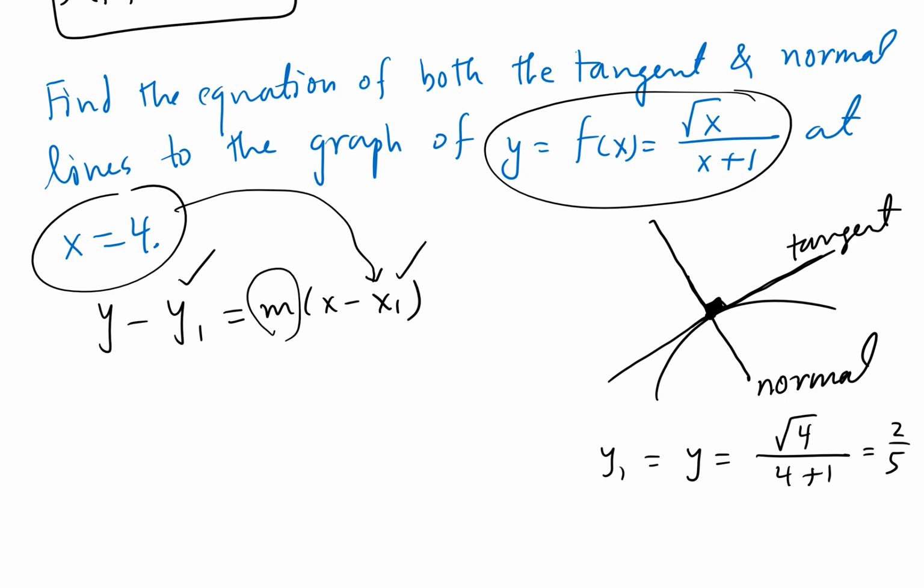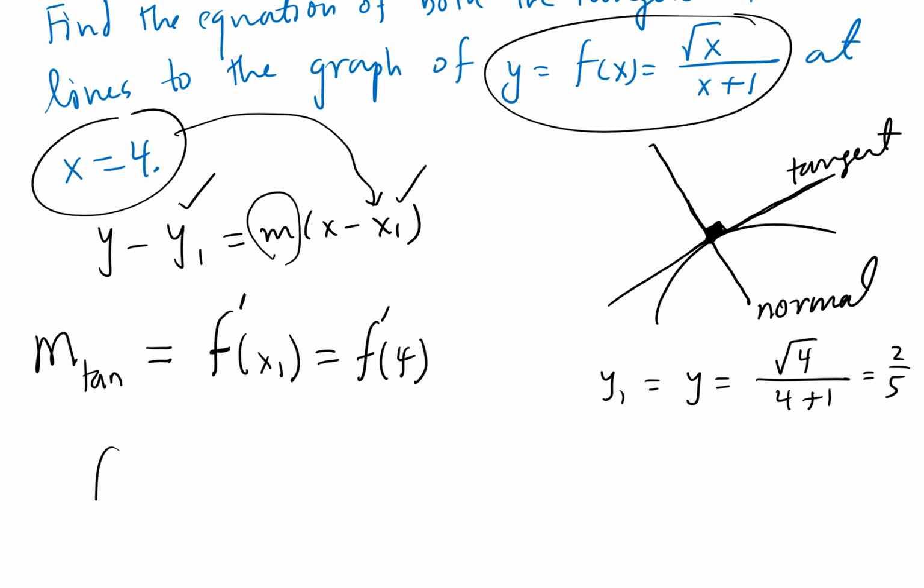Okay, we defined before that the slope of the tangent line is defined as the derivative of the function at the given point x1, which is 4. So it's going to be f prime at 4. But to find the value of f prime of 4, you need the derivative of the function. So we need to find f prime. So let me rewrite the given function back.